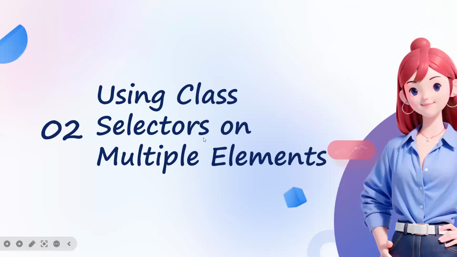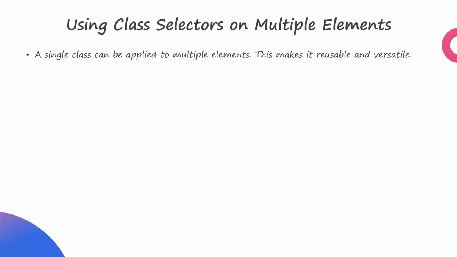Now, using CSS selectors on multiple elements: you can actually use CSS selectors on multiple elements. How do you do this? A single class can be applied to multiple elements. One good thing about the class selector is that with one style, you can style multiple elements. This makes it reusable and versatile.